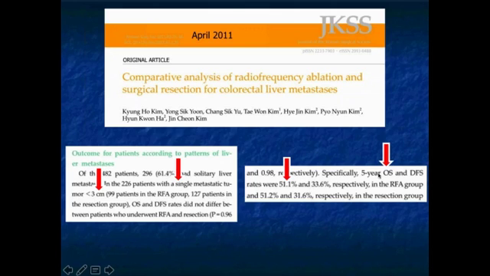More specifically, the 5-year overall survival and disease-free survival rates were 51% and 33% in both the RFA group and in the resection group.